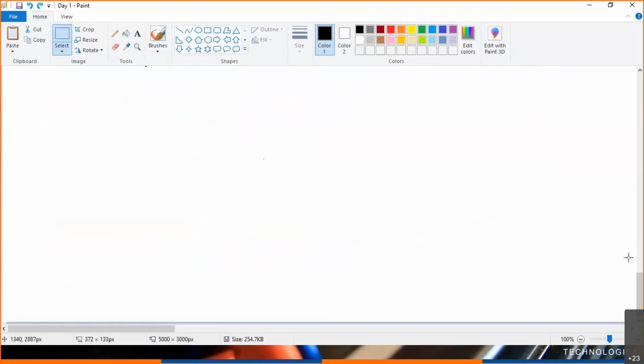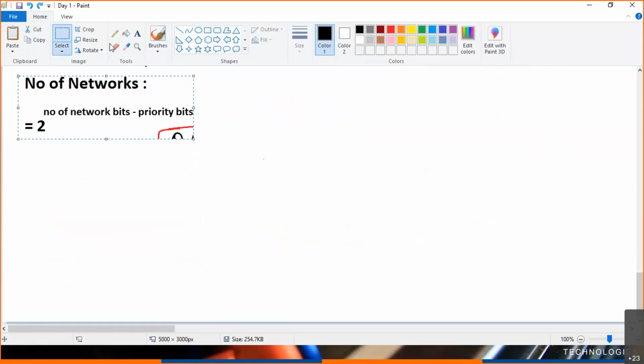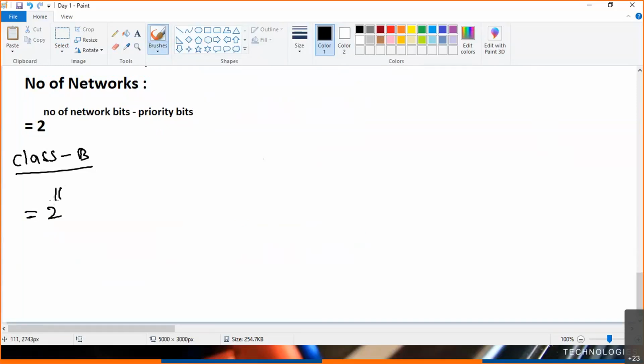Right, class B calculation, same formula: 2 power number of network bits minus priority bits. Class B, number of network bits are 16, minus priority bit 2, so 2 power 14.